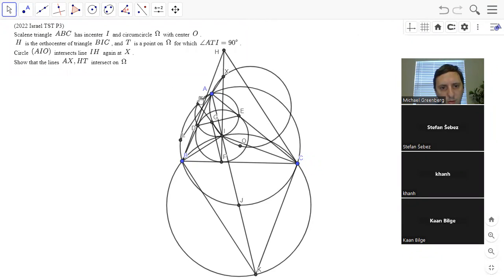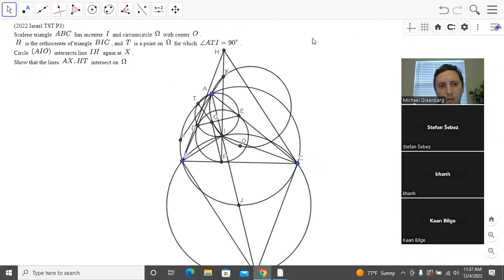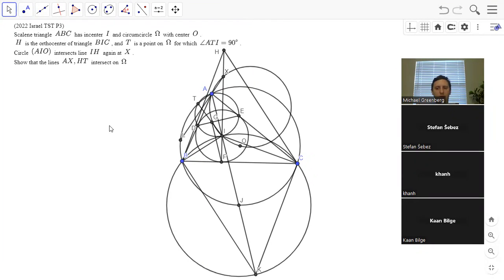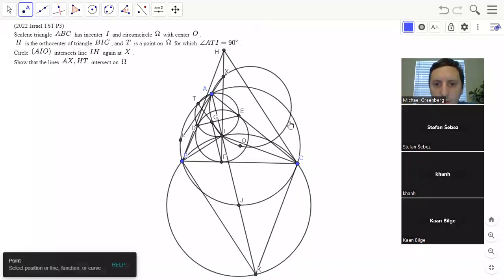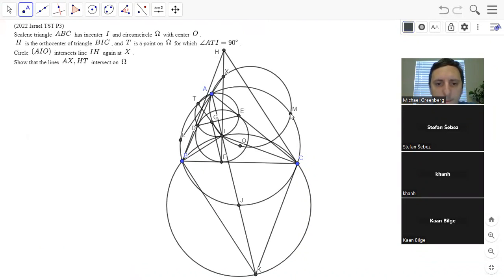There is a session similar to this one, and I remember we didn't solve that, but then I solved it after the session. So the problem of the session that I'm talking about is when you let the circle AIO meet ABC at a point M. Then we have HTIM is cyclic.